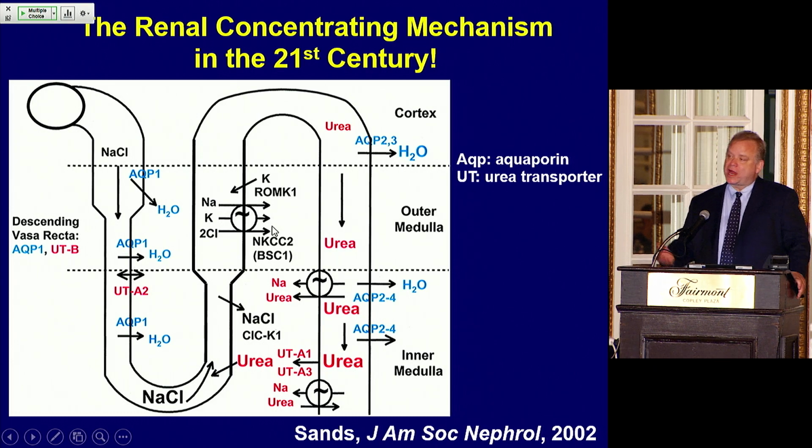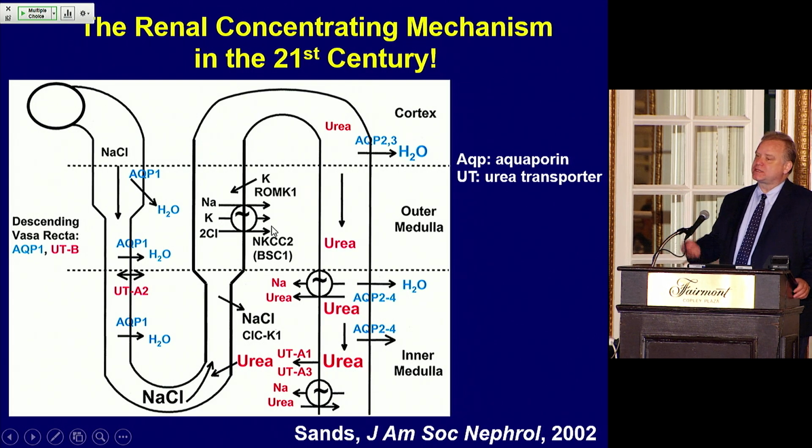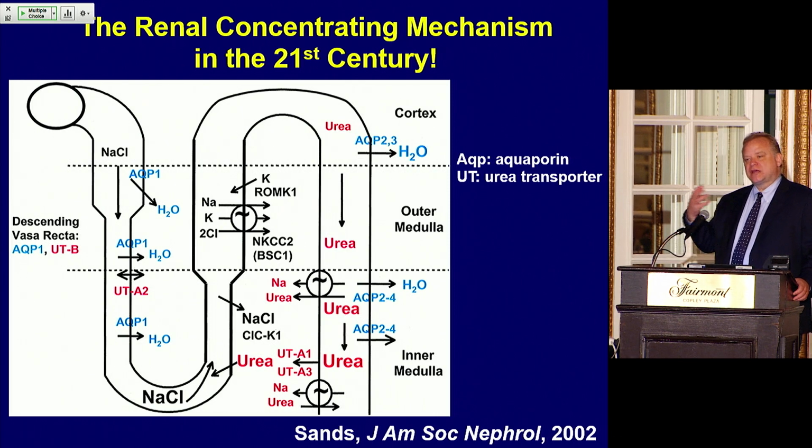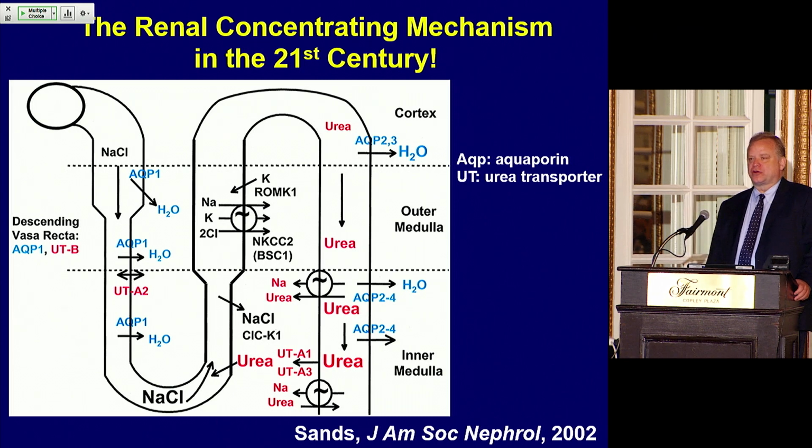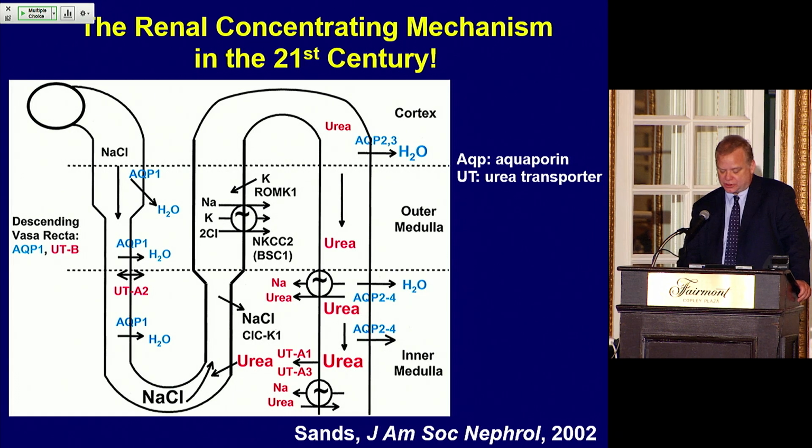But then really the driver of the concentrating mechanism is the thick ascending limb, when you have ATP-driven reabsorption of sodium through the NKCC2 cotransporter and ROMK. And that's a primary driver, or the single effect of the countercurrent multiplier in terms of increasing interstitial sodium chloride and ultimately urea as well.